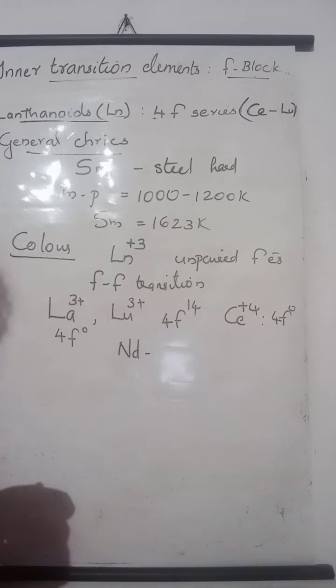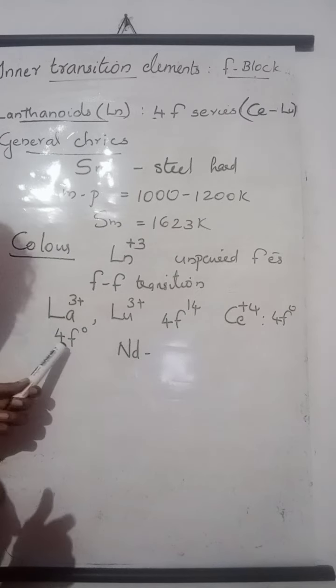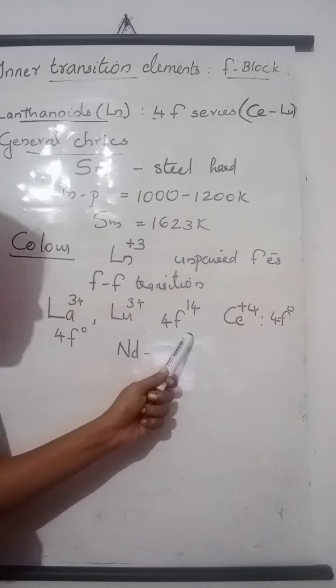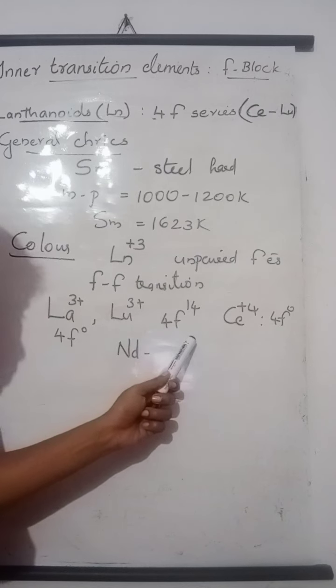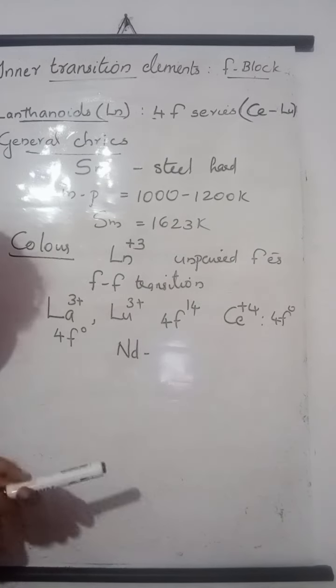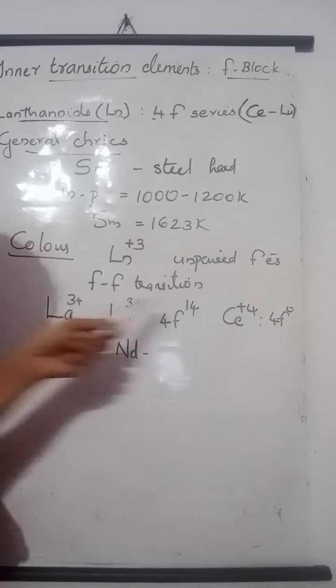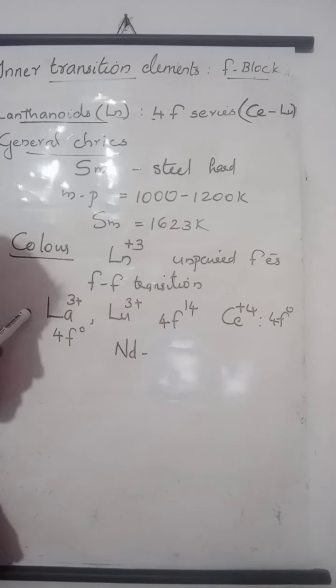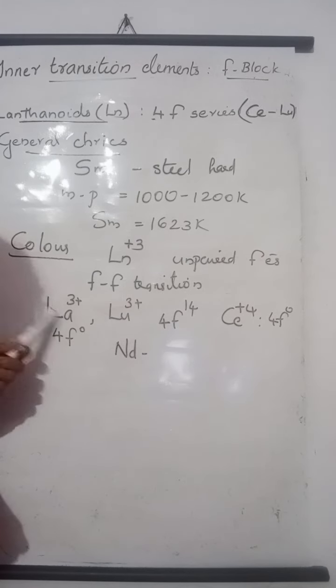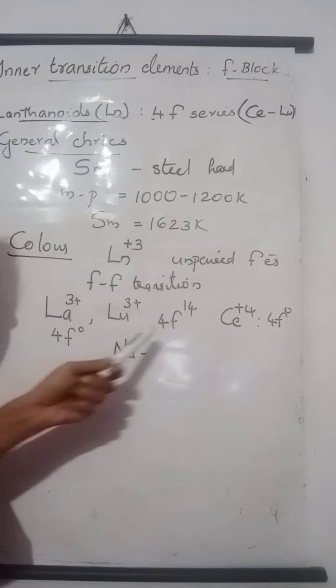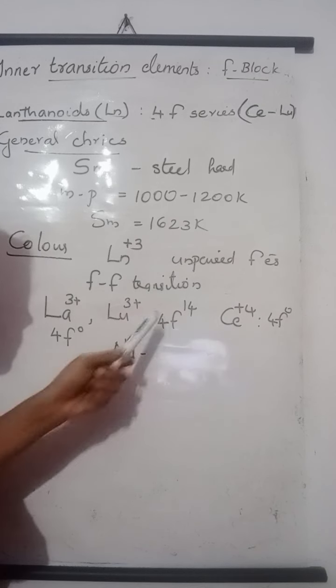Some of the ions which contain empty 4f orbitals or completely filled 4f orbitals, which contain no unpaired electron, are diamagnetic. Examples are lanthanum 3+, lutetium 3+, cerium +4. All these ions are diamagnetic because they contain no f electron or they contain completely filled f orbitals.